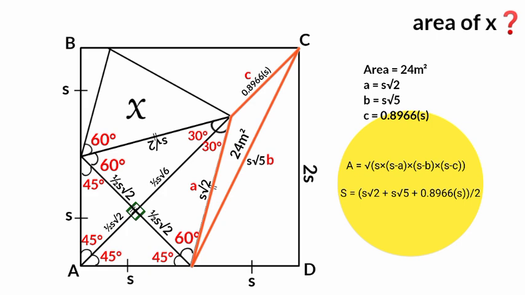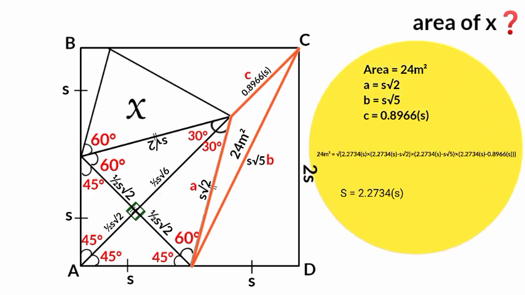Substituting here, capital S equals s root 2 plus s root 5 plus 0.8966s all over 2, which is 2.2734s. So capital S equals 2.2734s. Substituting all the values here, 24 meters squared equals the square root of 2.2734s times 2.2734s minus s root 2 times 2.2734s minus s root 5 times 2.2734s minus 0.8966s.